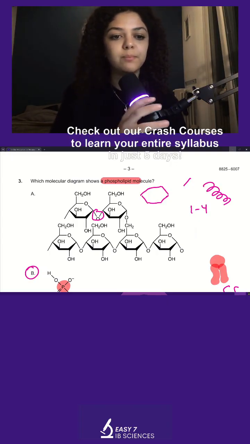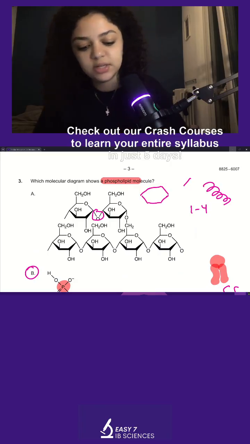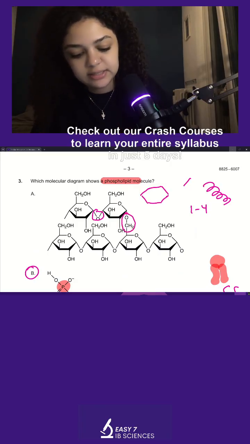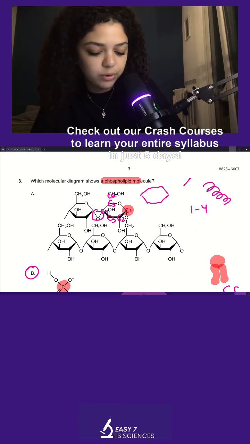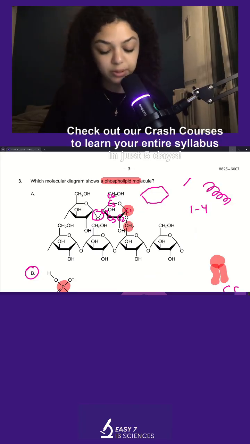Where do we see that 1 to 6 bonding? We see it here, exactly here. How do I know that this is my 1 to 6 bonding? Well, I can start counting. This is carbon 1, carbon 2, carbon 3, carbon 4, carbon 5, and carbon 6. So I notice that this is the carbon 1 of one glucose molecule and the carbon 6 of a neighboring glucose molecule.